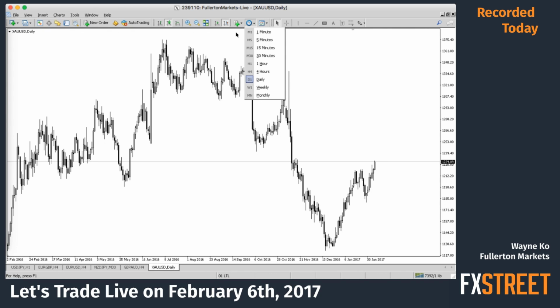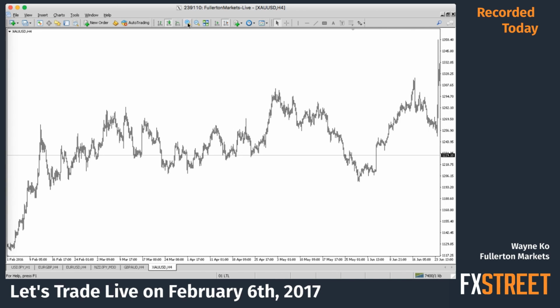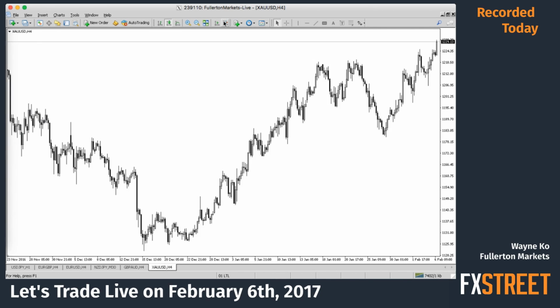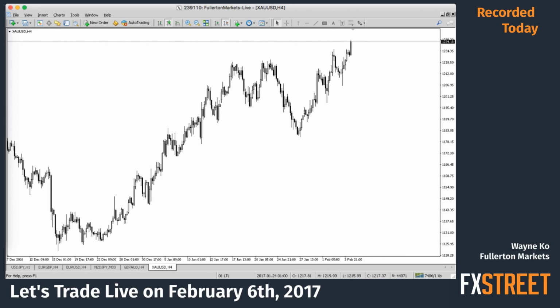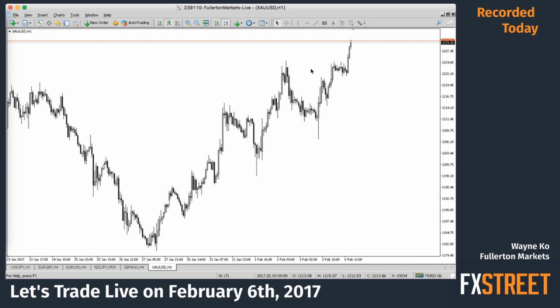Instead of looking at the daily chart, because I see the price has broke higher. Okay, you can see the lower time frame H1 price action. The market has already broke the resistance.